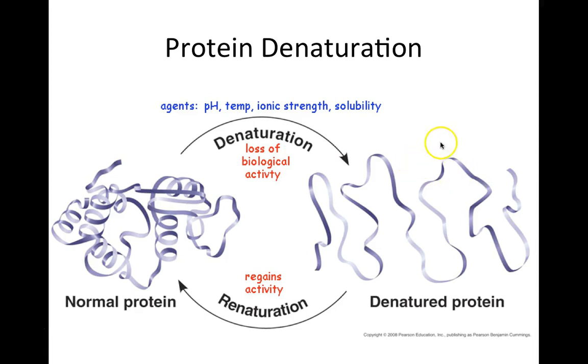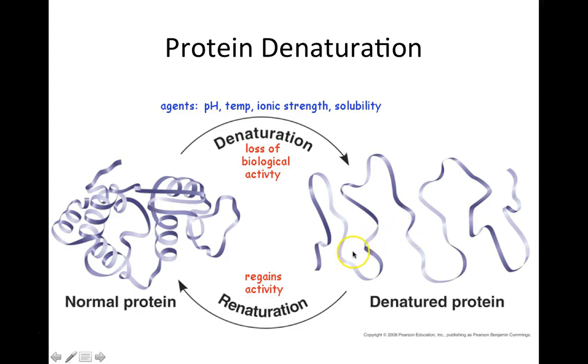So protein denaturation can be affected by pH and temperature, also what's called ionic strength, in other words, what kind of salts or other chemicals are surrounding it, and the solubility of that protein in the aqueous environment in which it's found. For some proteins, once they've gone through denaturation, or loss of the normal protein structure and biological activity, it remains that way. It's irreversibly denatured.